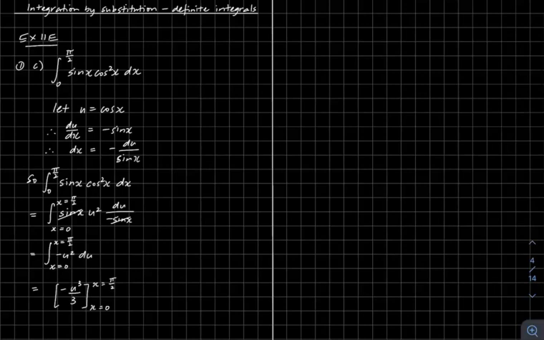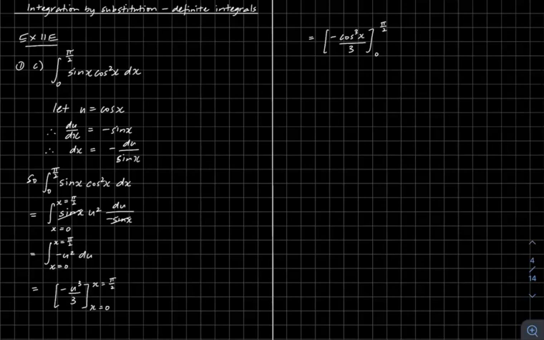And so a reason for doing it that way is that that reminds us that we can't just sub in the values of pi on 2 and 0 in for u here. We actually need to substitute back in our expression for x. So u is equal to cos x, so that's the negative of cos cubed x over 3 from 0 to pi on 2.